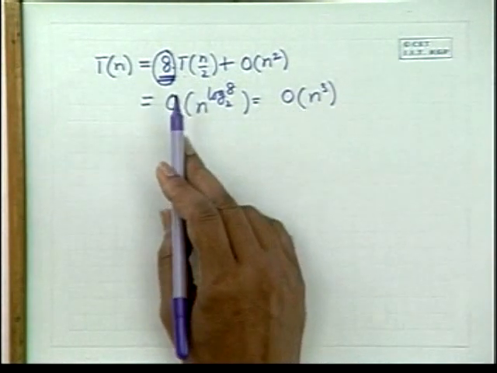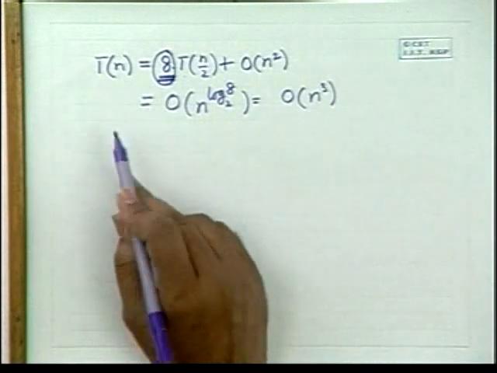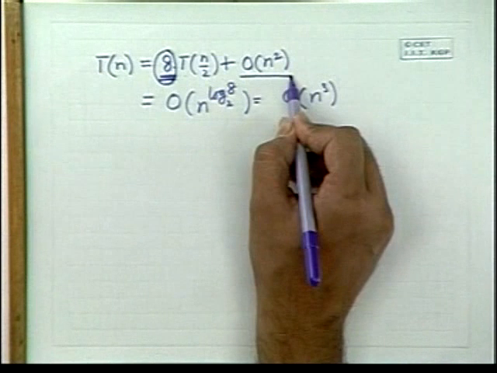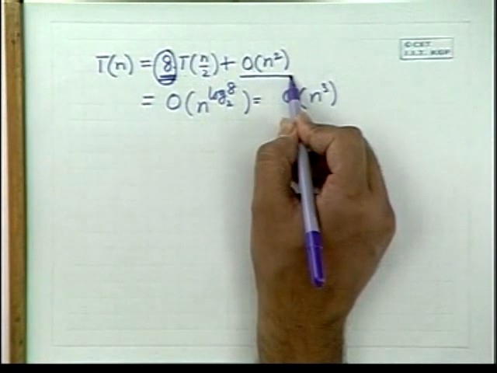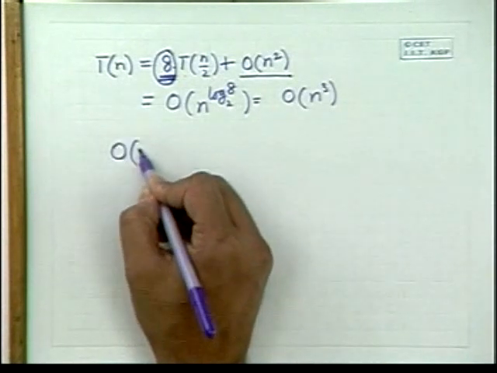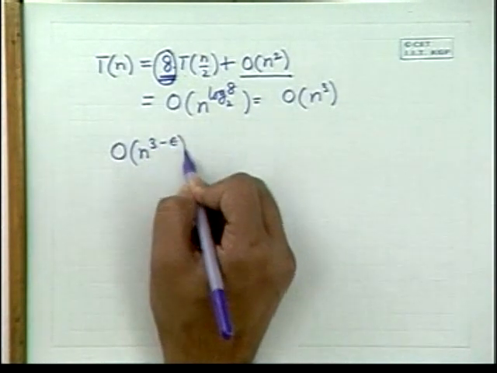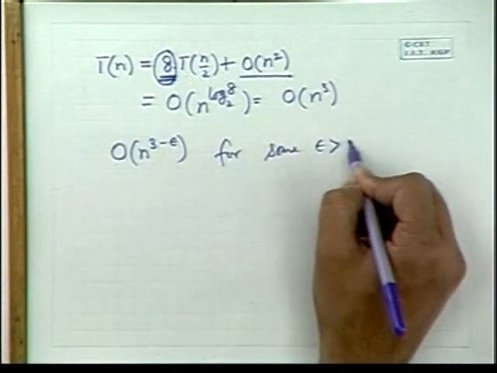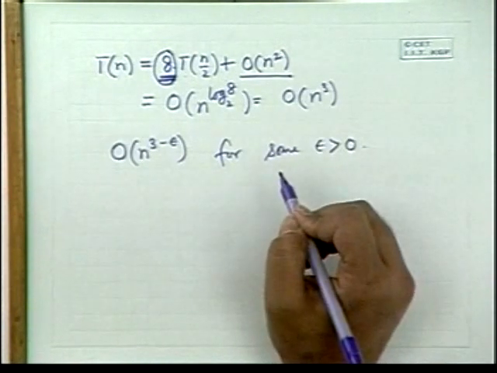Now let me point out that even if this part is not n square, suppose it is more than n square, in that case suppose it is order of n to the power 3 minus epsilon for some epsilon greater than 0, a very small quantity.